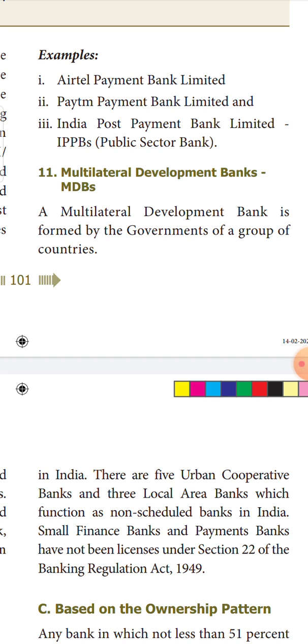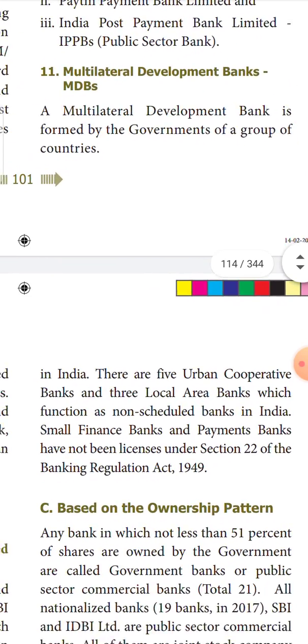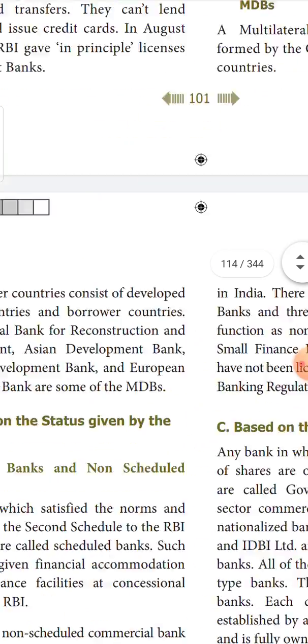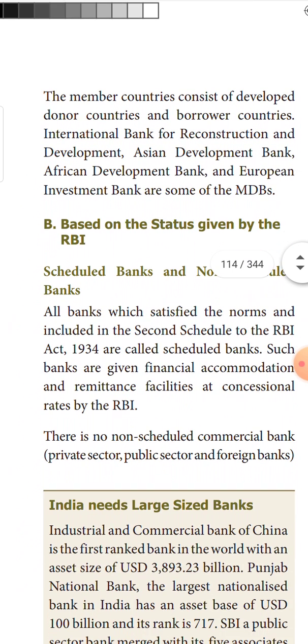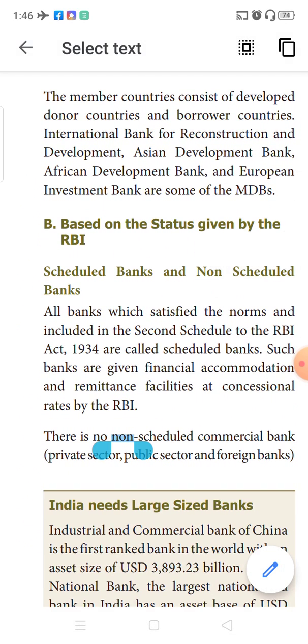Developed countries and developing countries will both be the members of these banks, where the developed countries' money will be given to the developing countries, so they will be the borrowing countries. And these banks are mainly set up not for profit making, but for the development of the whole world as such.